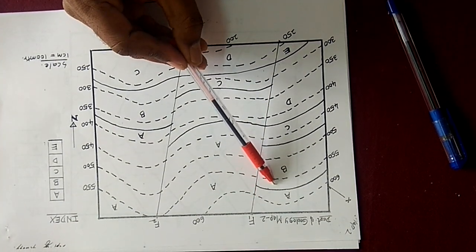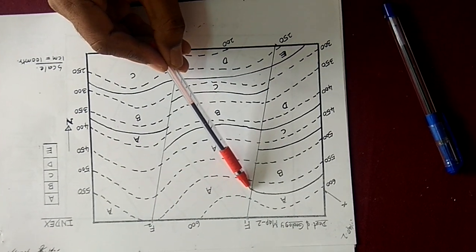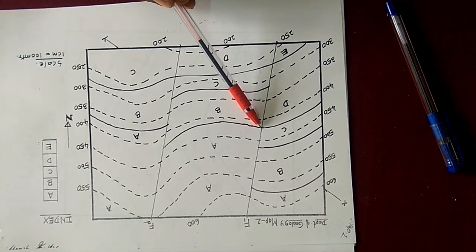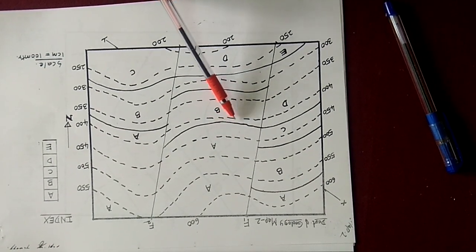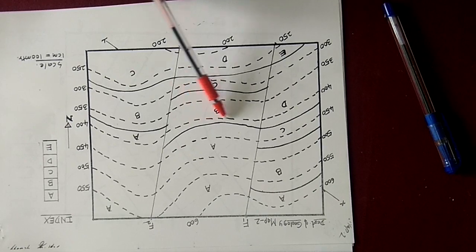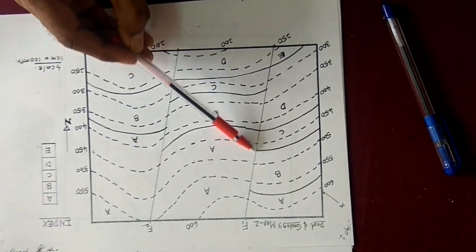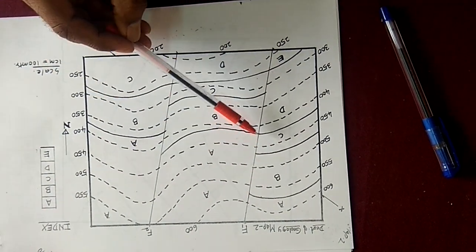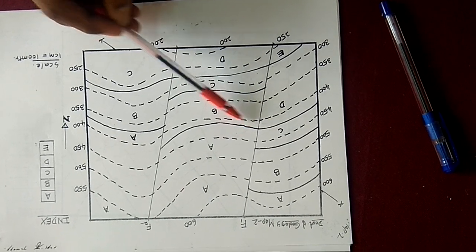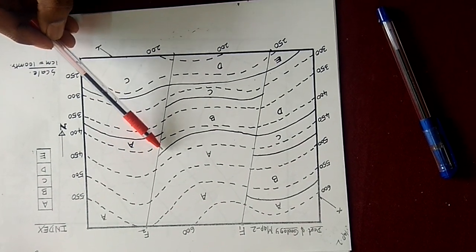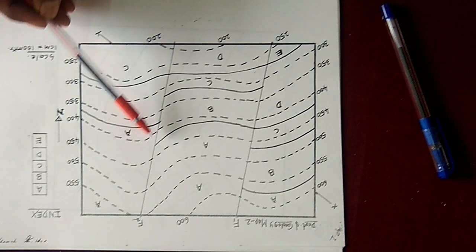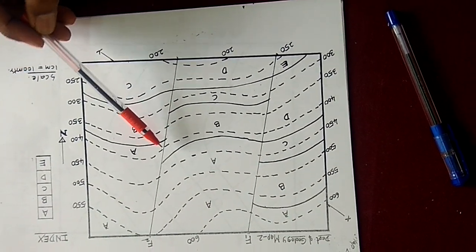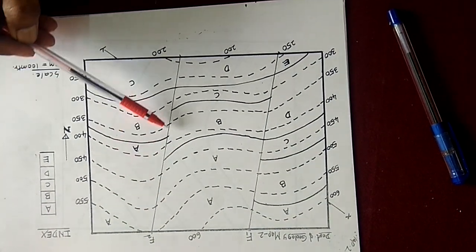So this is the A by B. This line is displaced up to this point and it starts from here. It means it is coming down up to this side. This is the first fault. Once again, the same A by B bed is coming down over here, meaning it is displaced downward.